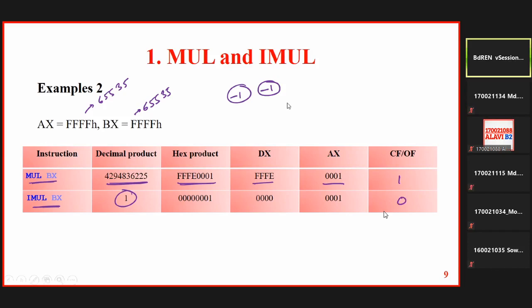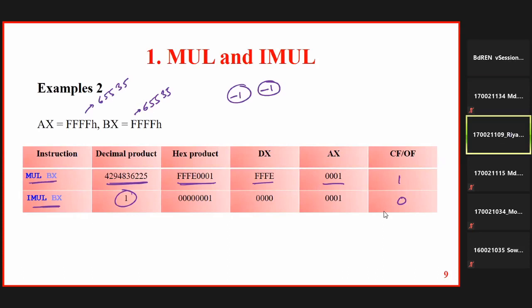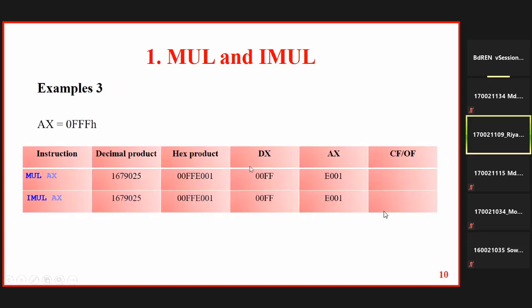Okay, let me ask someone specific. 109, are you there? Yes, sir. Can you tell me what will be CF and OF in this case? It would be 1 for the first case. Okay, it should be 1. And for the second case? It should be 0. Sorry, it should be 1, sir. Can you explain why both of them are 1? Because the sign has not been extended.